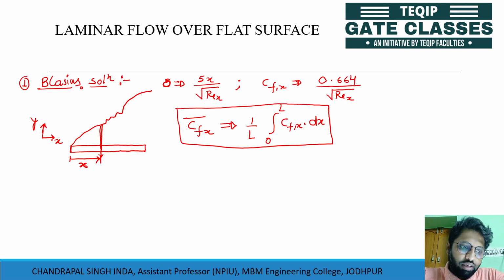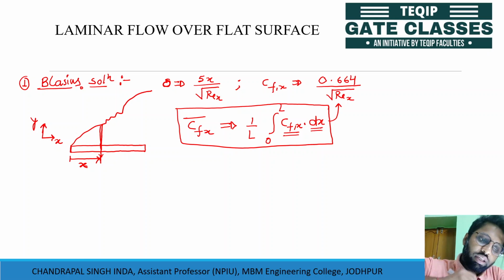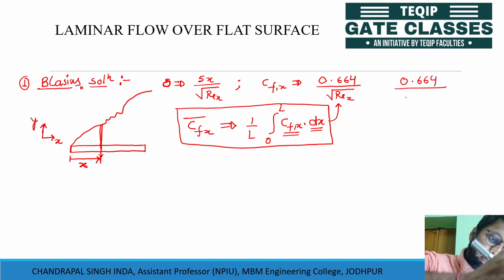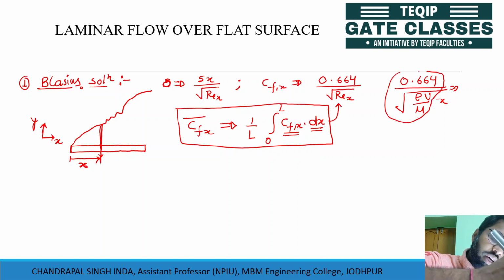So let's find the relationship between the average skin friction coefficient and the local skin friction coefficient. Cfx is given by this, so we have the integration for the dx. We will have 0.664 divided by the square root of rho v by mu and x. All these quantities are constant, so this is c into x raised to minus 1 by 2.